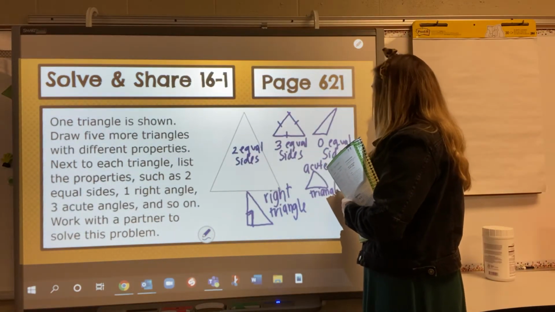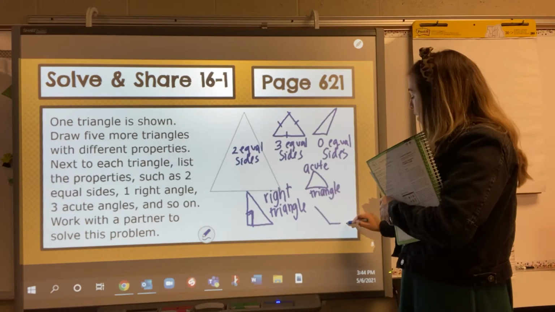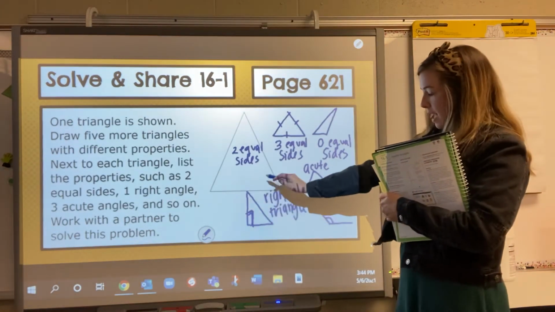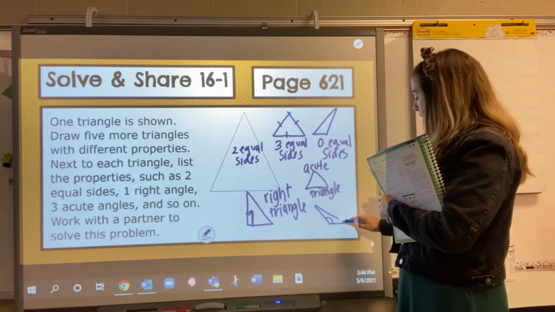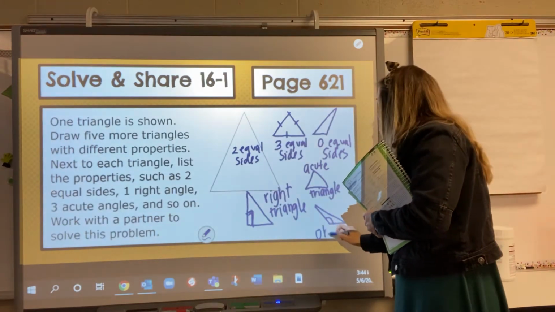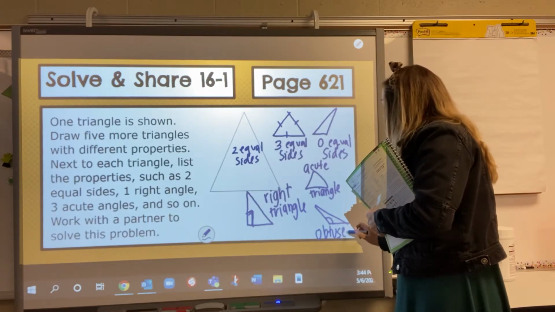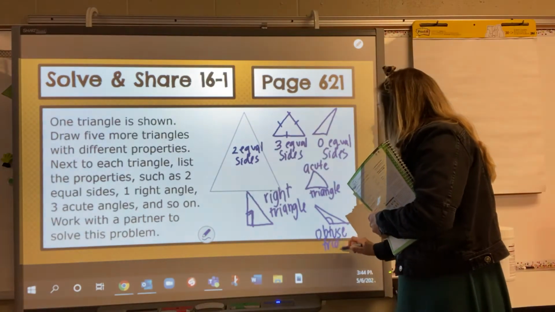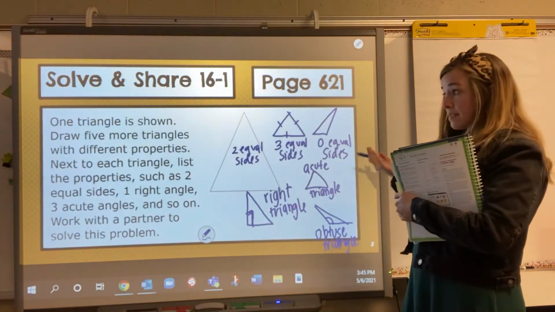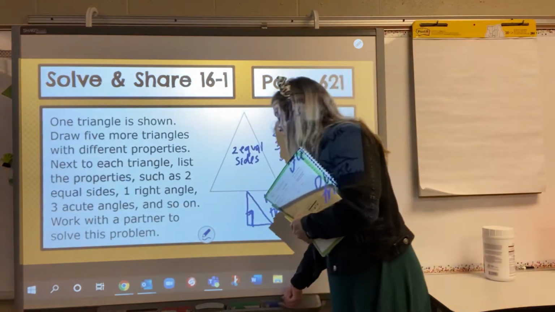And then if we have one angle that is greater than 90 degrees, so like that angle right there is obviously bigger than that angle right there, then this is going to be, again, not perfect, an obtuse triangle. And those are the 6 different ways that we can classify triangles.